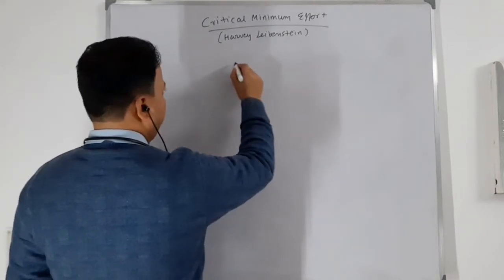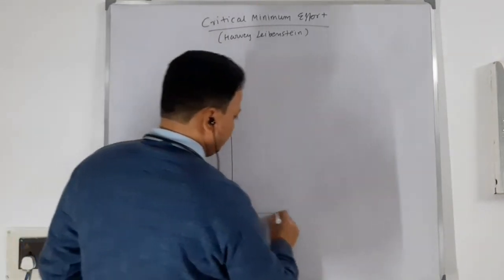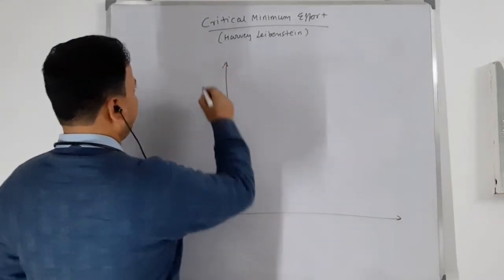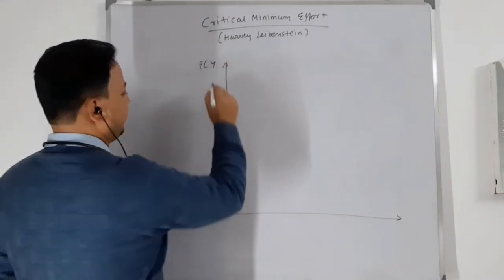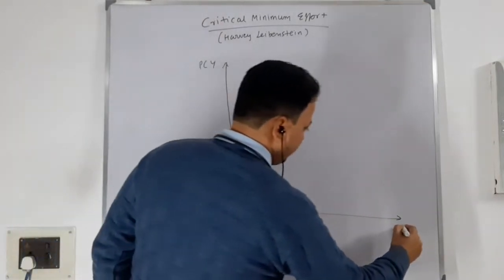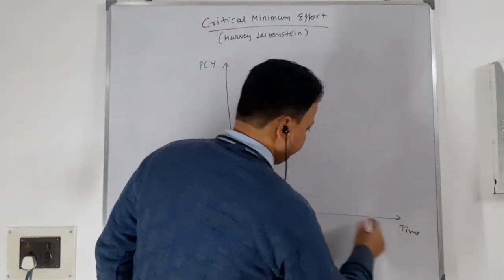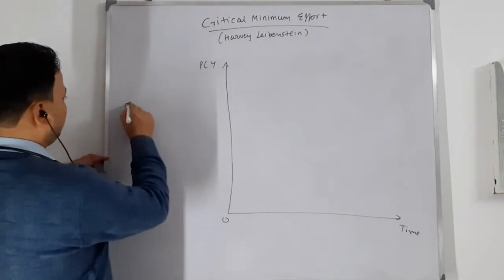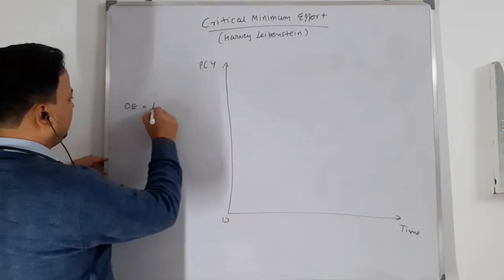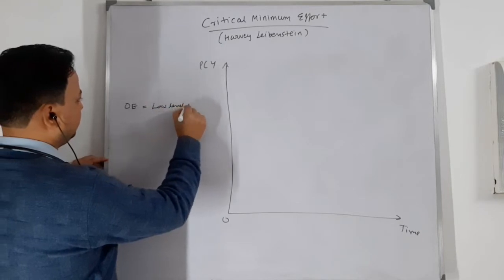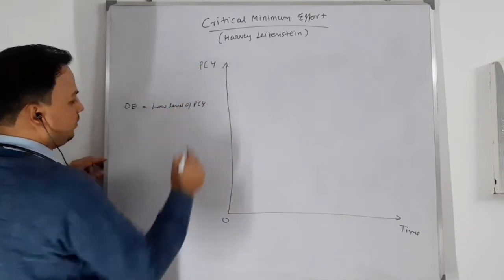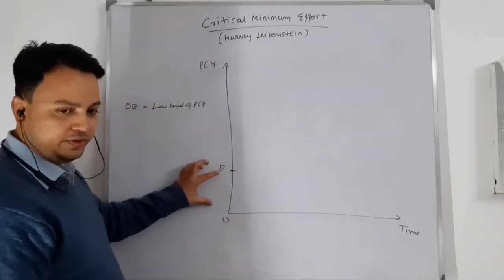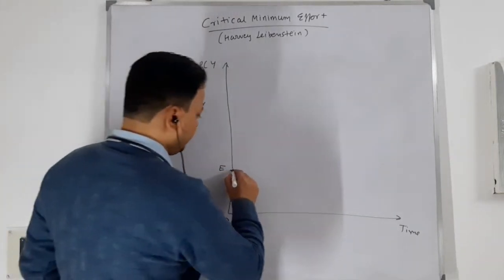I am taking per capita income on the vertical axis, time on the horizontal axis. Suppose OE is the normal level of per capita income. This is the normal level of income. Let's draw this line.